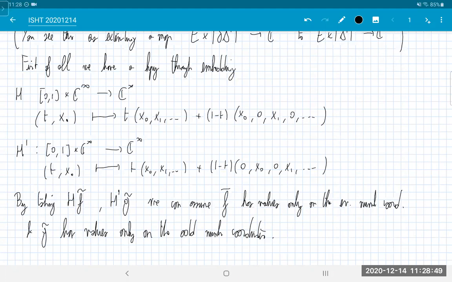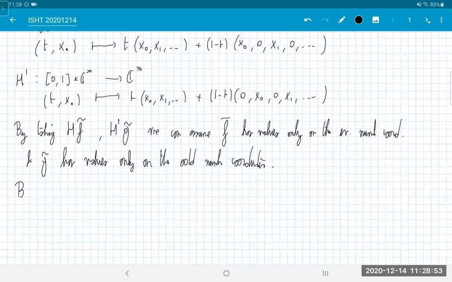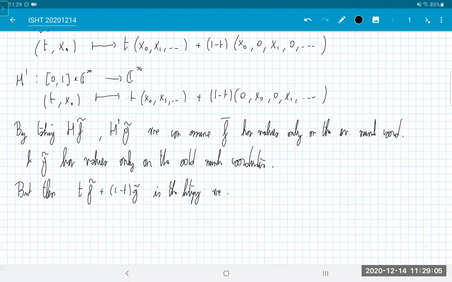I can homotope them through embeddings. But then T F tilde plus (1 minus T) G tilde is the homotopy we're looking for, because it's going to be injective for every T, since F tilde and G tilde do not speak to each other.